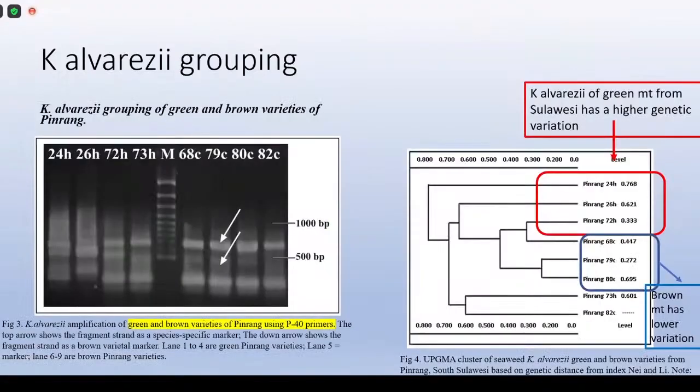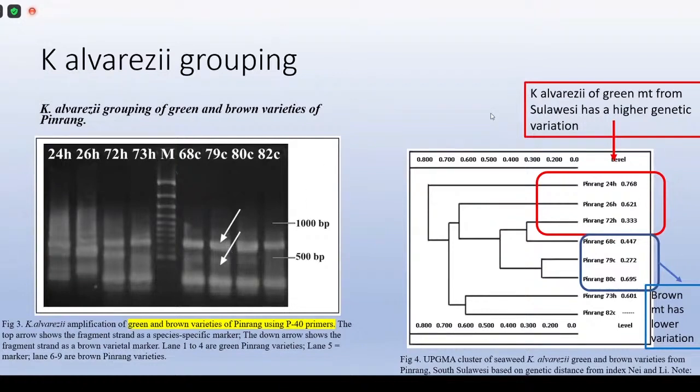The primers with GC proportion of 25% and 47% were used in the study. For the grouping of the species between green and brown variety, this is the amplification using P40 primers. This row shows the fragment between species, or a specific marker.